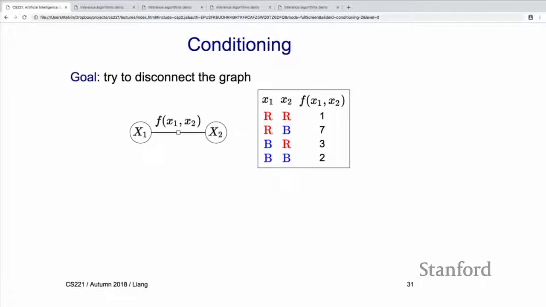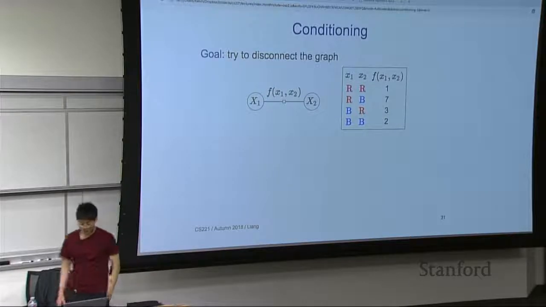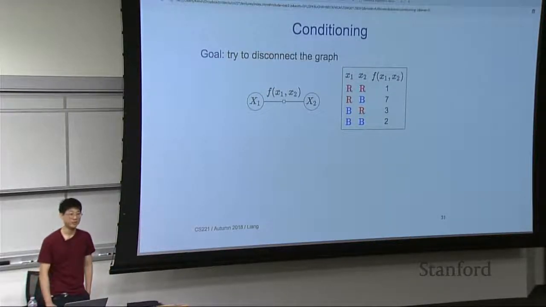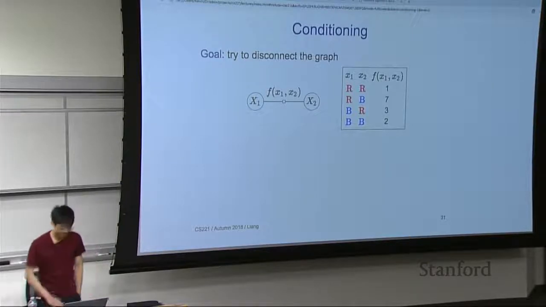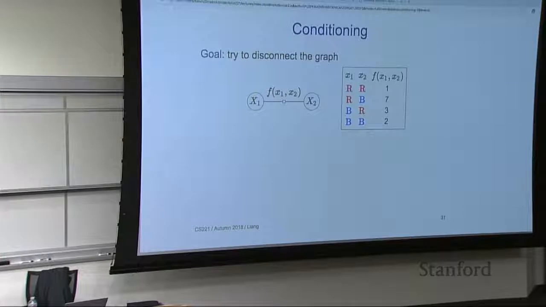Cool. So let me first explain what conditioning is, and then we'll see how to break a graph down using conditioning. We'll start with just 2 variables, x1 and x2. And this is the factor relating those 2 variables. So suppose I told you that x2 is definitely blue. I know x2 is blue, just trust me. In that case, let me write this one out.